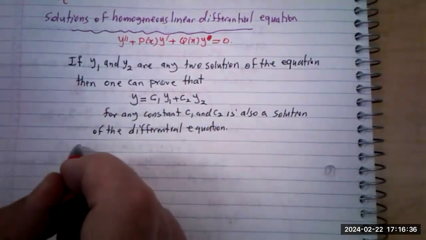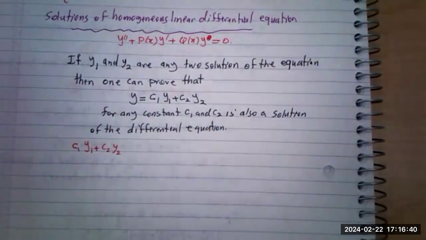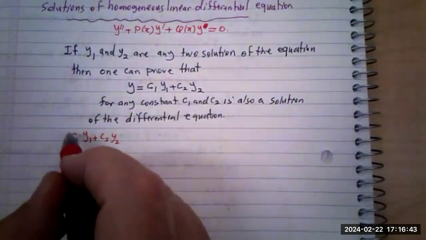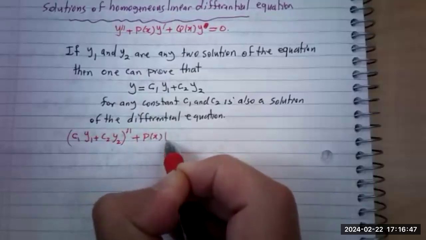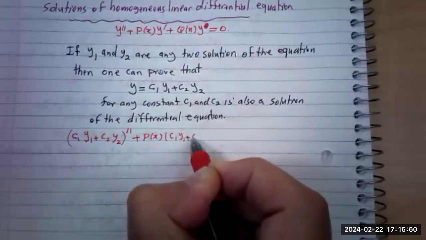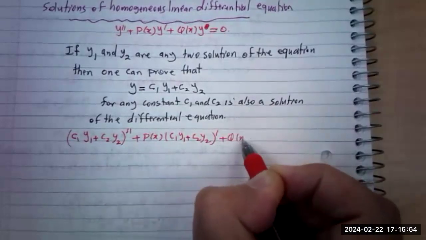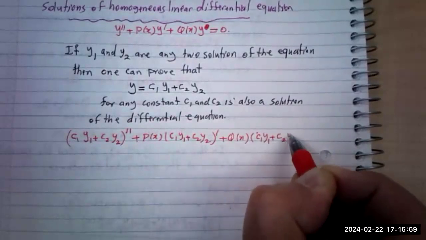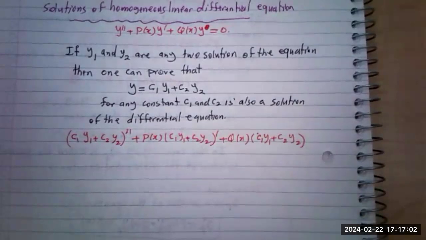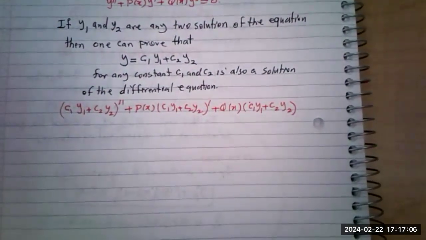You are going to have (C1 y1 plus C2 y2) double prime plus P(x) times (C1 y1 plus C2 y2) prime plus Q(x) times (C1 y1 plus C2 y2). I want to prove that this is equal to 0. If I prove this is equal to 0, this means this combination is a solution of your equation. So work on it.